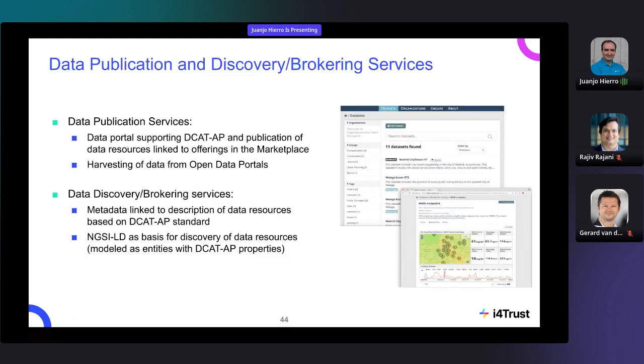The intention is that the i4Trust framework will evolve to also incorporate integration with data publication services and data discovery brokering services.